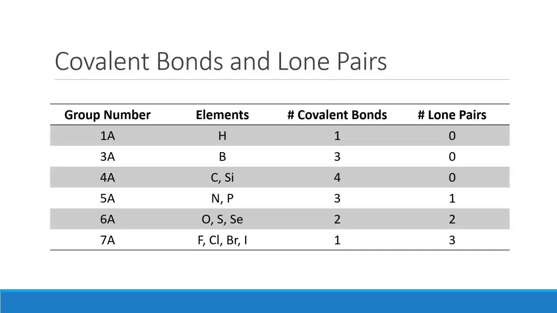So it's a really good idea to take this list and memorize it by creating some flashcards, where on one side you put the group number, such as 1A, and on the other side put the number of covalent bonds and the number of lone pairs, because it will be very helpful to memorize what the number of covalent bonds and lone pairs are for each group. It will also help to memorize the number of valence electrons for each group as well.